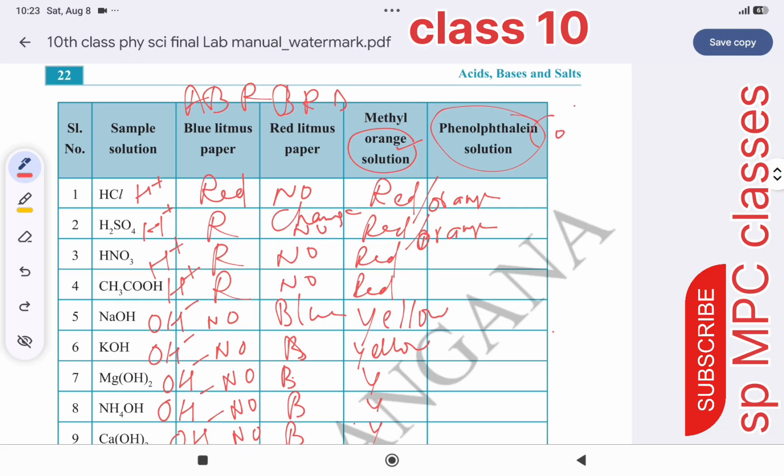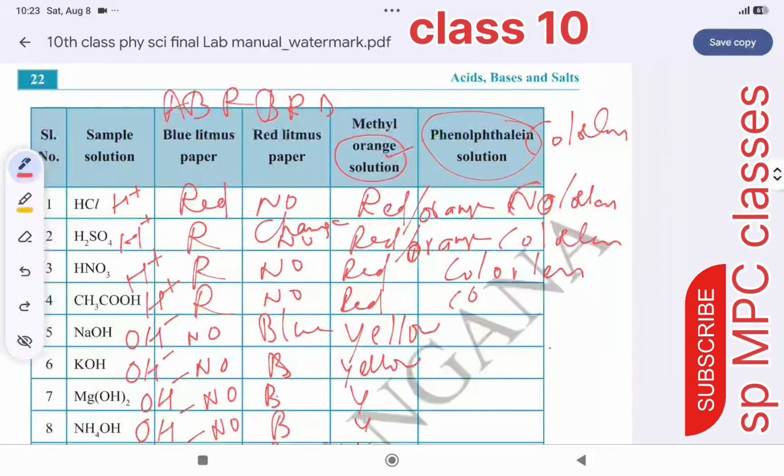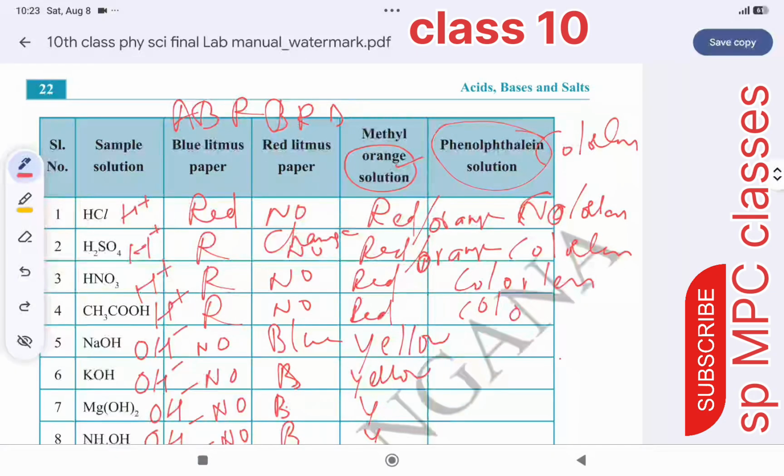Phenolphthalein is a colorless solution. So here you write phenolphthalein with acid, no change, or we can write colorless. You can write color-less or colour-less also, British English or American English.